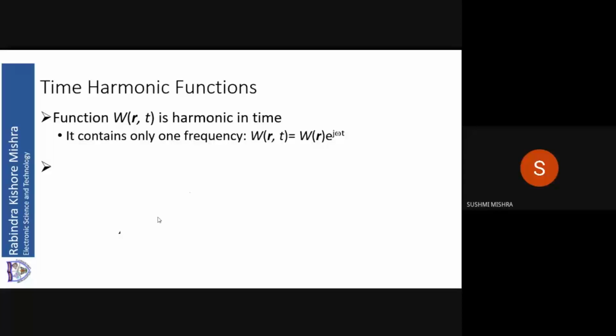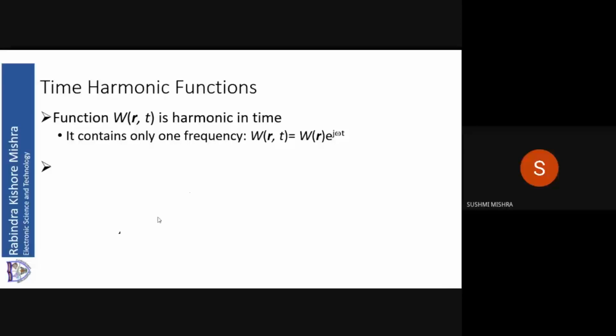These are functions using which we can expand any other temporal function in terms of a Fourier series. So if we have a non-time harmonic function, it can be expanded using e to the power j omega t, or sin omega t and cos omega t. So that gives us one reason for e to the power j omega t.